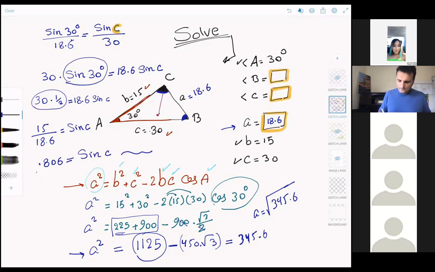Now, how do we solve for the C? Karen will tell me. It has to be inverse, no? Very good. So we're going to say C equal to sine inverse of 0.806. So you need to have a calculator for this.